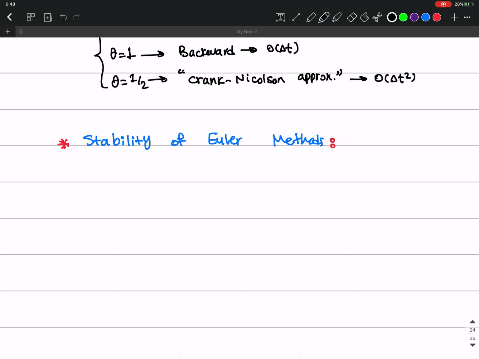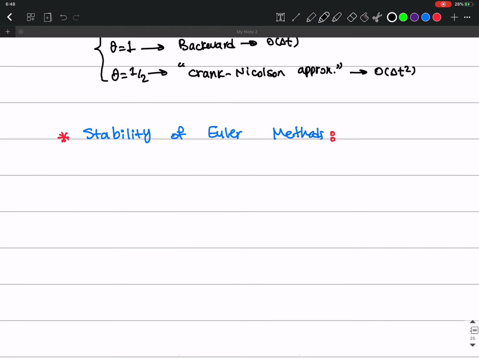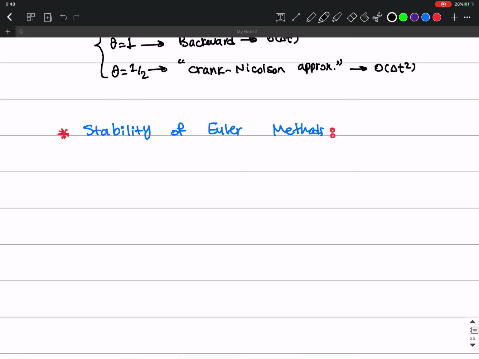So we'll start with an example and then move forward so you understand what is going on, and then move forward to the general method of finding stability for these Euler methods. Okay, so example.